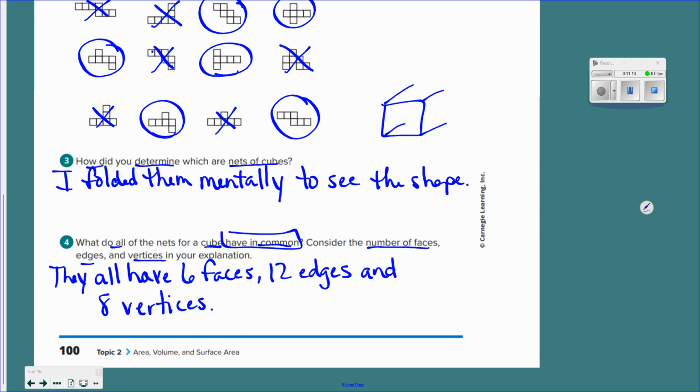One, two, three, 4, 5, 6, 7, 8 places where they'll meet. Those are the vertices.